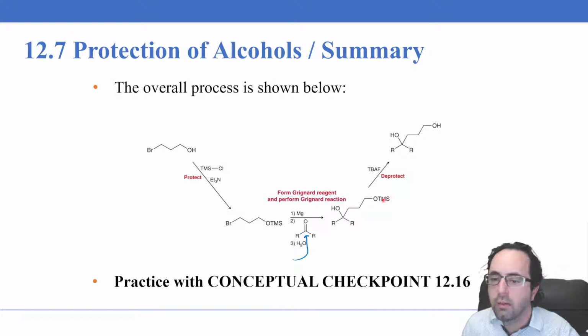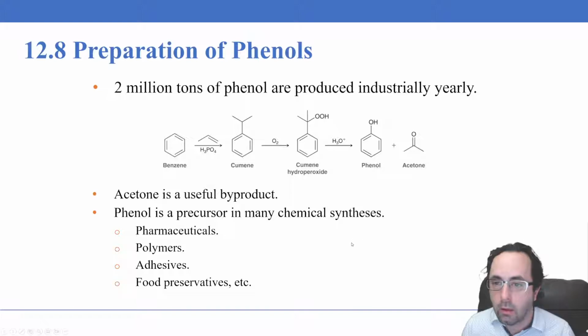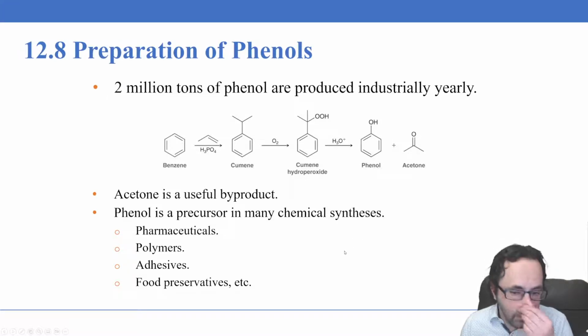And we're going to still have the OTMS, so we'll use the tetrabutylammonium fluoride to deprotect it. And then we get the final product. And so we can turn a molecule that has an alcohol into a Grignard reagent. Okay, but we need to protect the alcohol first and then remove it at the end. So that's a Grignard.